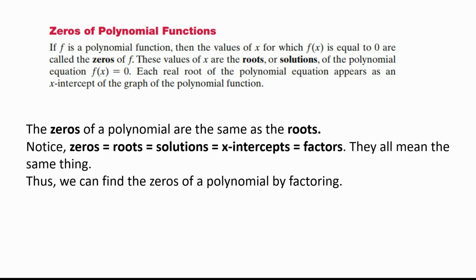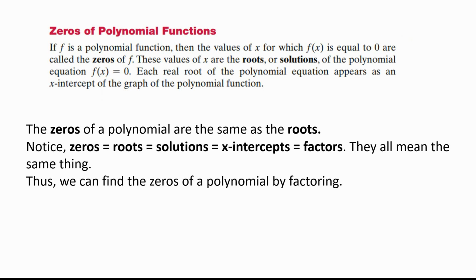So the zero of a function is just what we say the solution of a function. That means that that's an x-intercept. They all mean the same thing. So when you hear the term zero of a function, it could be x equal to 5. But at x equal to 5, what they're saying is that y is equal to 0. It's the x-intercept.